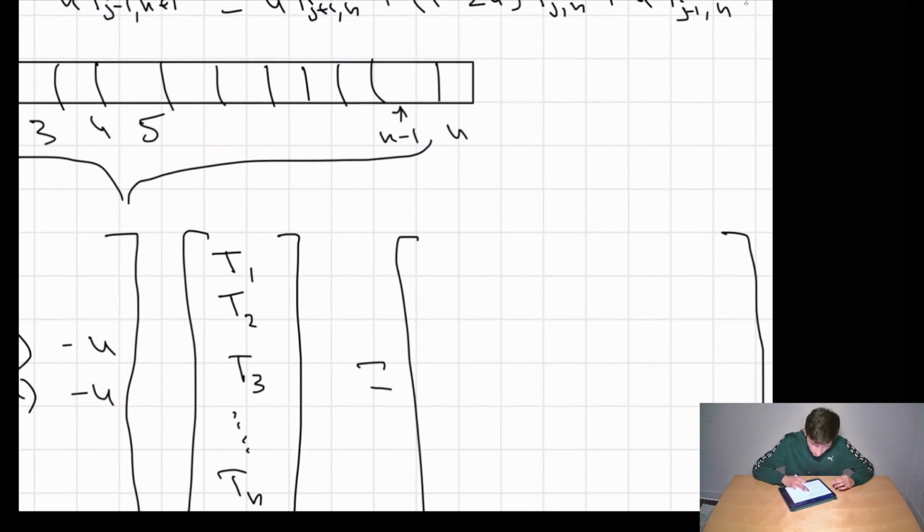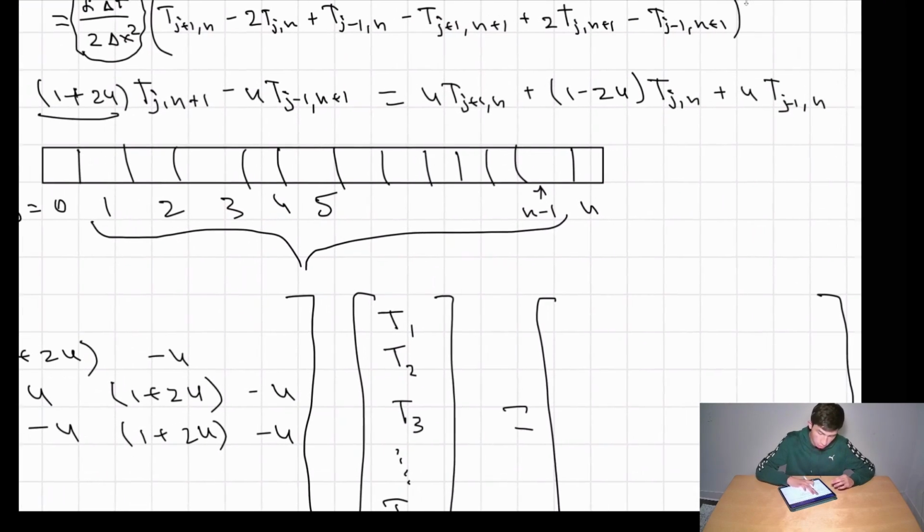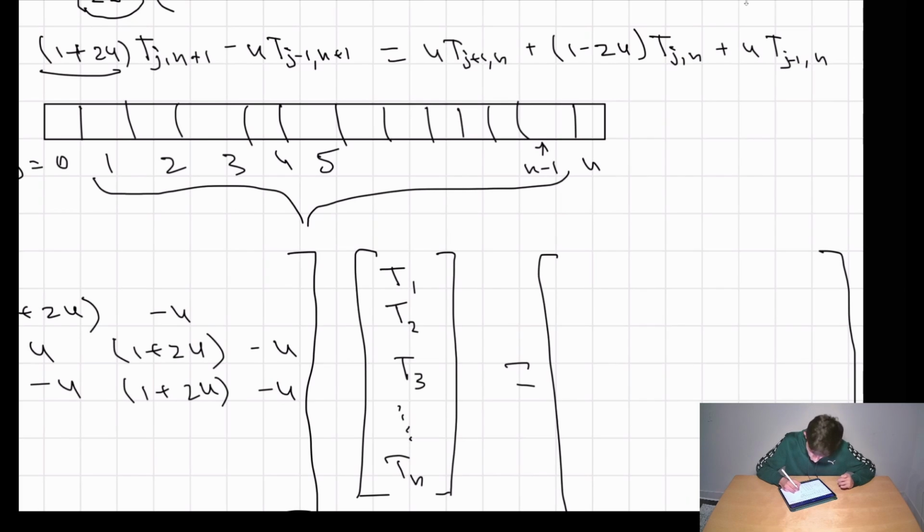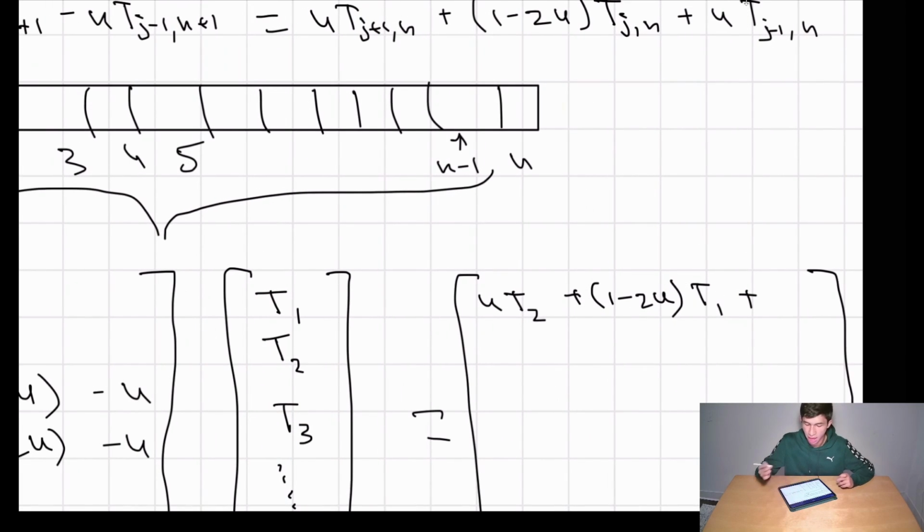So on the right hand side, when j is equal to 1, I'm going to have u times T2 plus 1 minus 2u times T at time 1 plus u times T at time 0, right?